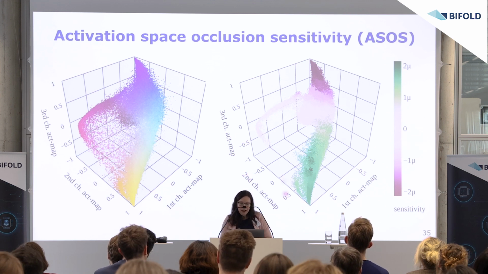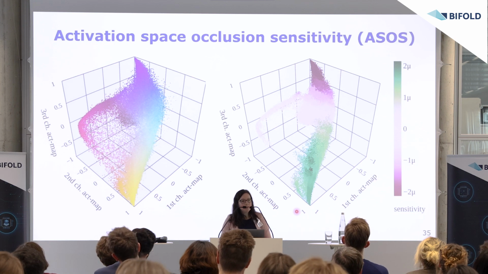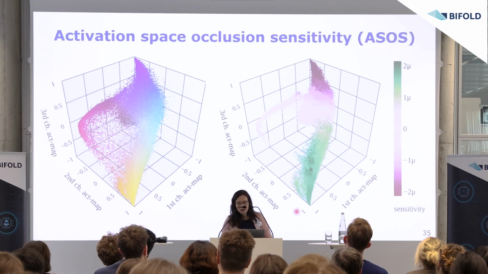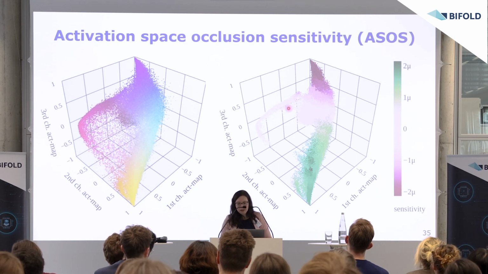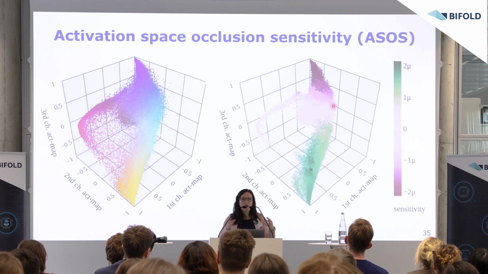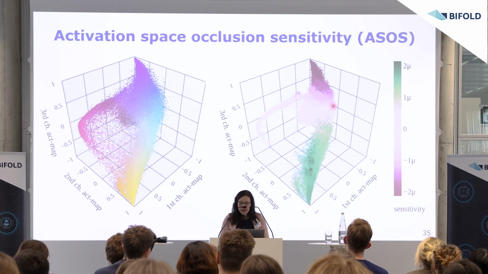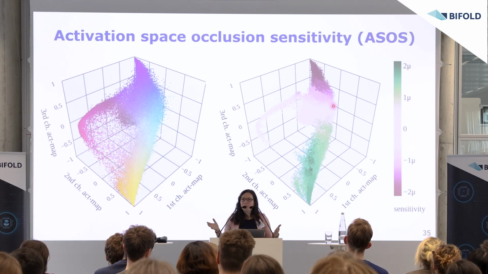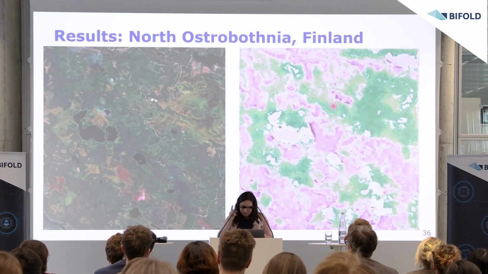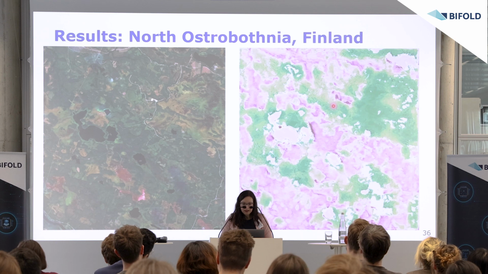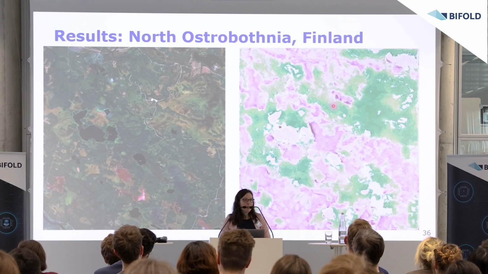In green, highlighted, are all activations which are sensitive towards wilderness. In purple, this is sensitive towards non-wilderness, and in beige, you get everything in between. So even if you cover up something, it will not change the score. And the nice thing now, or a crucial thing, what I forgot to say, we also did a harmonization.